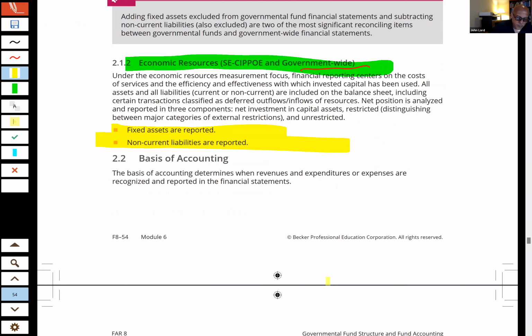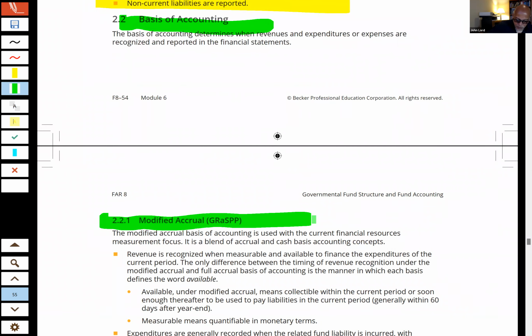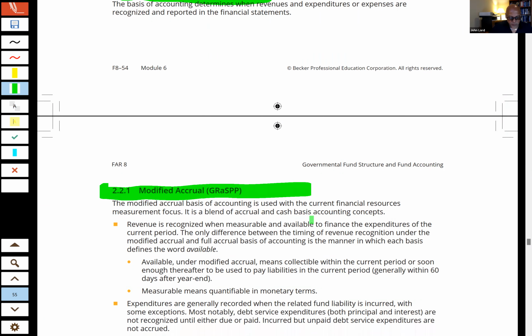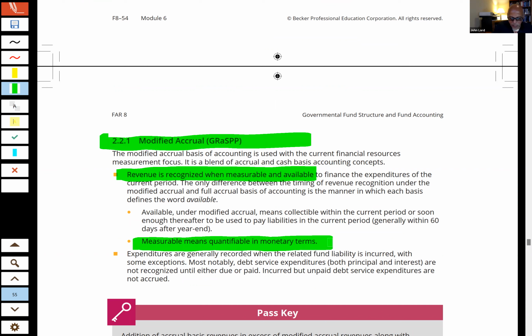When we talk about basis of accounting, for our governmental funds, we used what? For our governmental funds, we used modified accrual basis, and the revenue is recognized when measurable and available, okay? Measurable means it is quantifiable in monetary terms, meaning we know the amount.